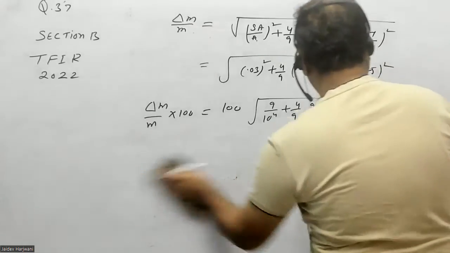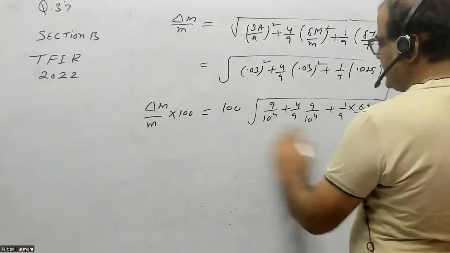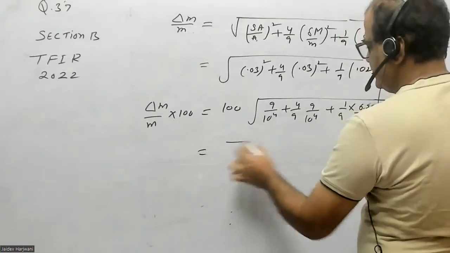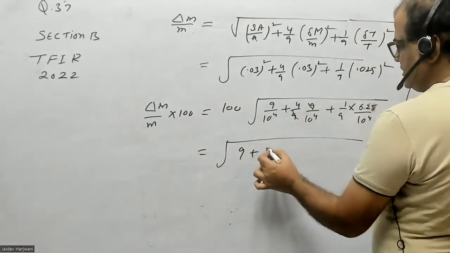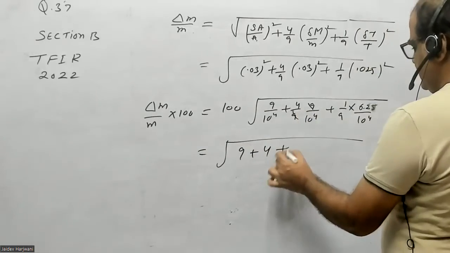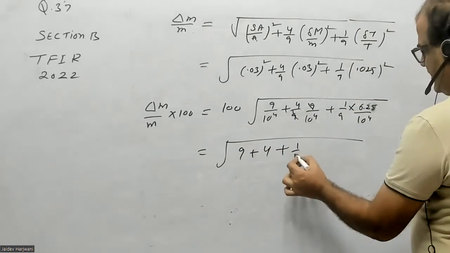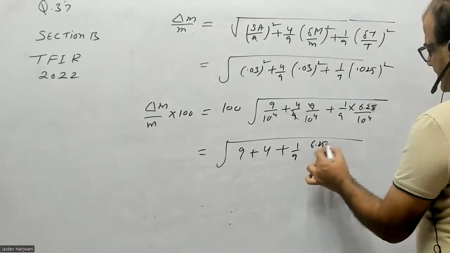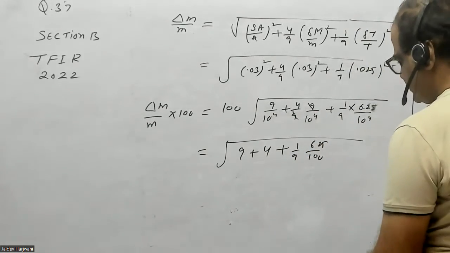If you solve this, I can take 10 raised to power minus 4 common. This will give me only 9, and the 9 cancels, so this will give me 4, 13. And here this is 6.25 times 1/9, again times 100. So now we can solve this one.